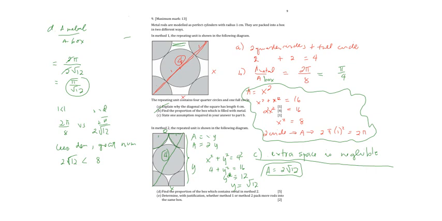Meaning to say, the one that has 2 square root of 12 will have the greater value. So we say method 2 can pack more rods.